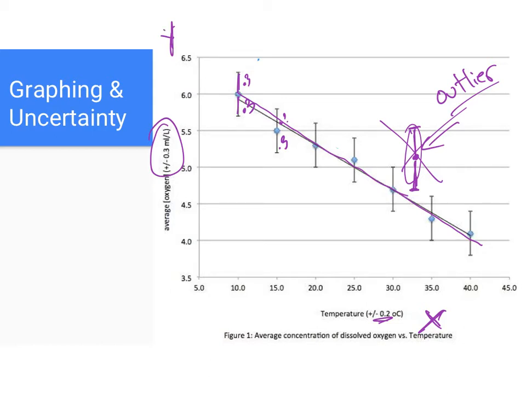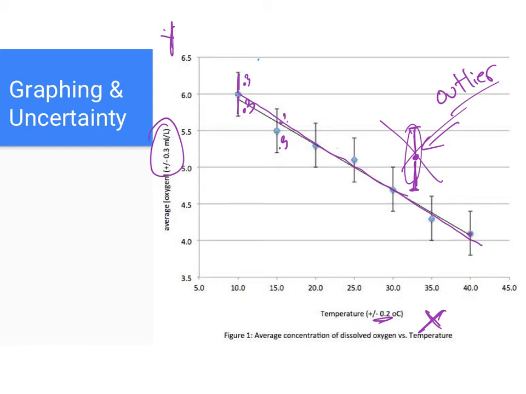And so as x increases, y decreases by some amount over time or over change in temperature. Just as there is uncertainty in each of these data points, there's also uncertainty in that mathematical relationship. And that mathematical relationship is related to the uncertainty of the data points.